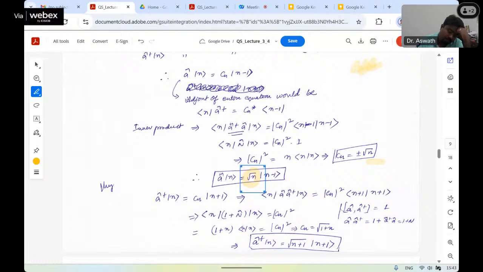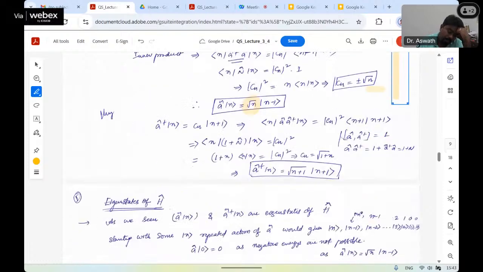Now let's find out A dagger acting on n. I know that it raises the state by 1, but I don't know the factor I have to substitute here. Let me call it Cn. Again, let's take the inner product of left-hand side with left-hand side and right-hand side with right-hand side, and find out Cn.